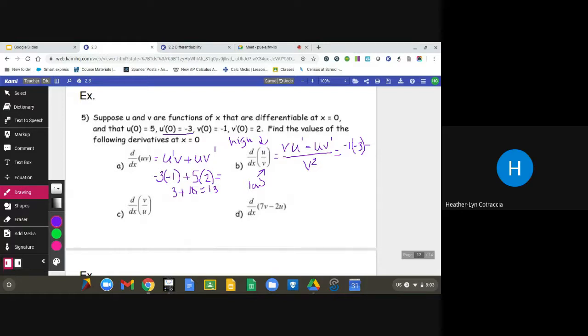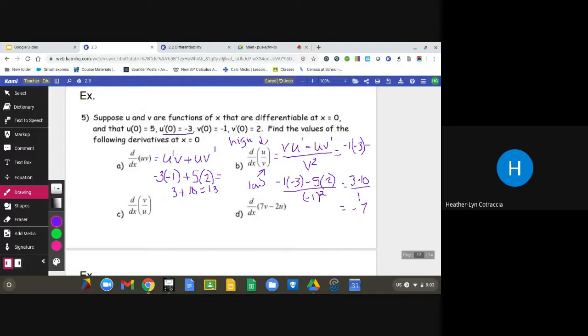Maybe I'll just start this again down here. -1 times -3 minus U, which was 5, times V prime, which is 2, and then that's all over low squared, which is -1 squared, which will give me 3 minus 10 all over 1, which would be -7.